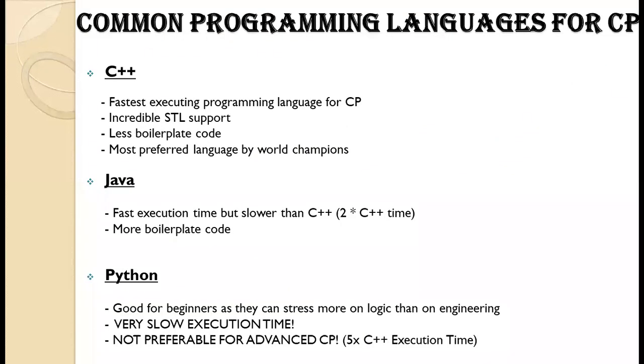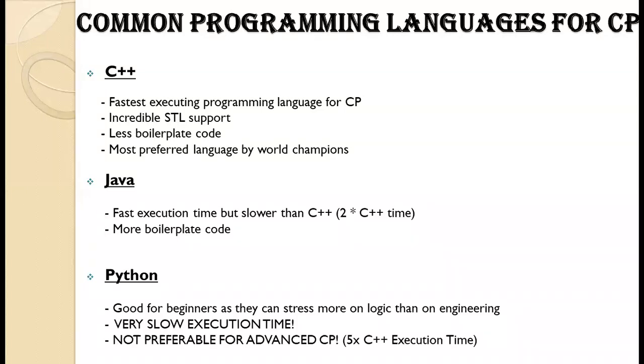Yes. The common programming languages, as I said, are C++, Java, and Python. Talking about C++ first, it is the fastest executing programming language for competitive programming, has incredible STL support, and most importantly, it is the language most preferred by world champions, right? After that comes Java.